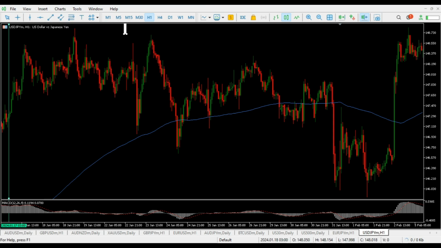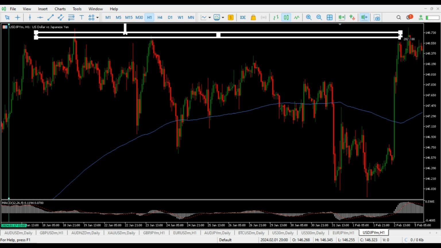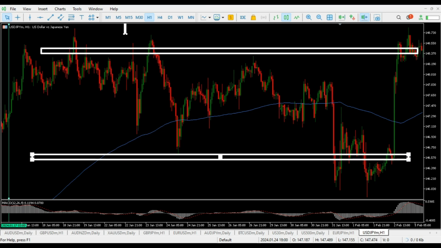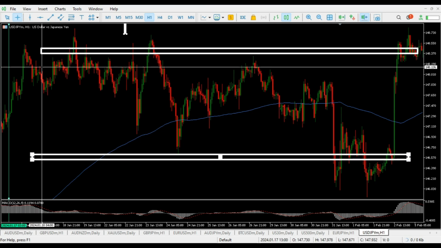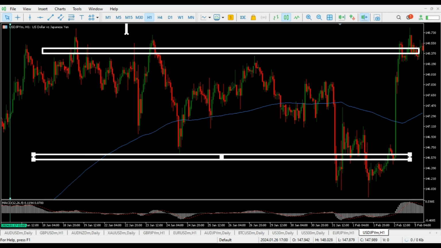All this range here, with these average highs and lows we see down here, price moved up and touched the previous upper level.